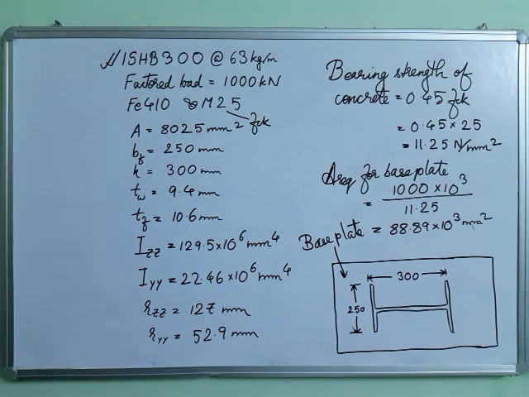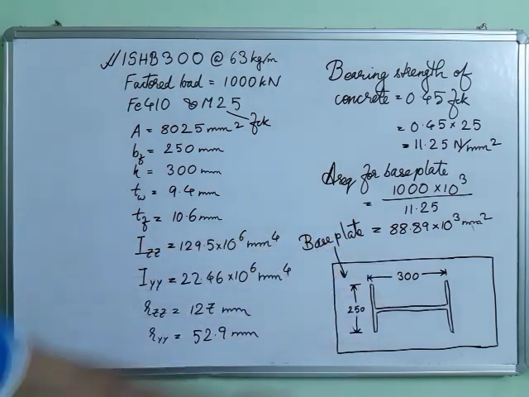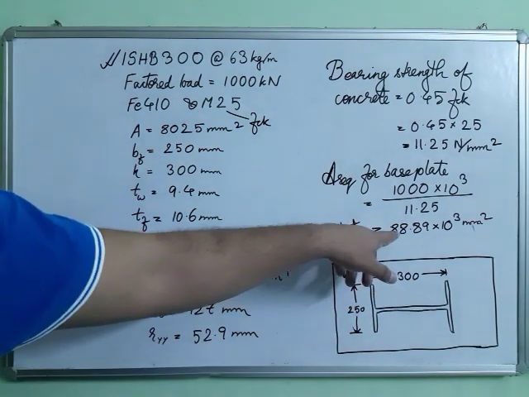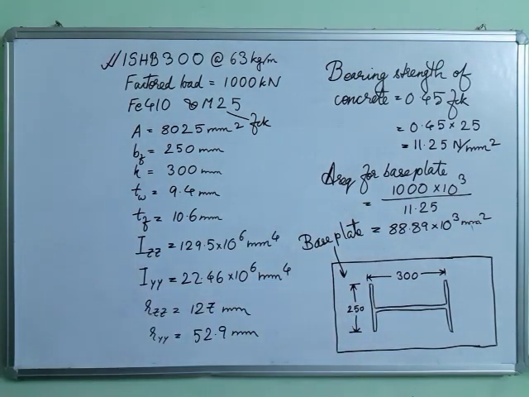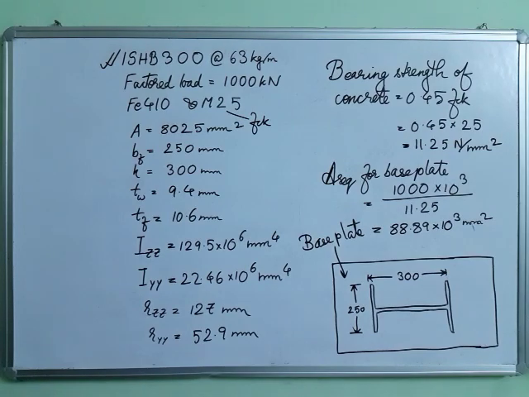So let us assume one dimension which will be rectangular and which will be more than 88.89. This is the required area, so obviously we will be providing a little more area. So how much shall we consider? Let us consider 400 by 350.